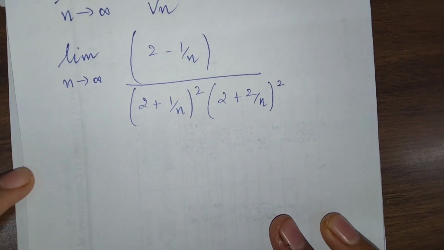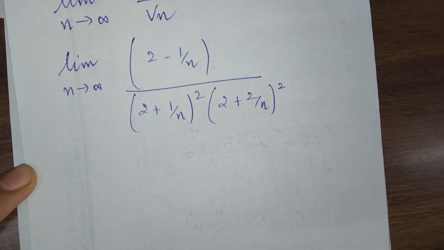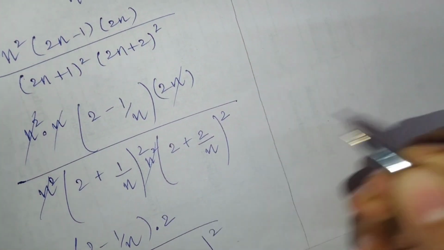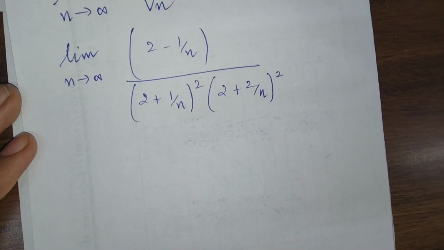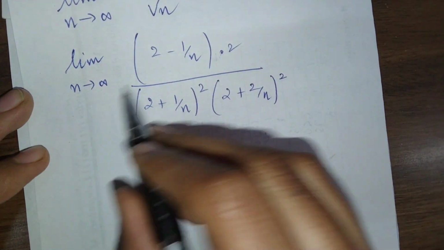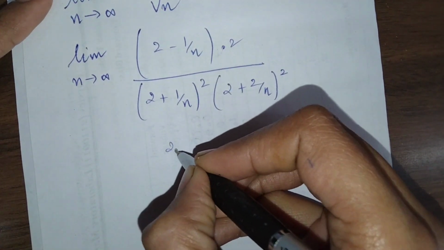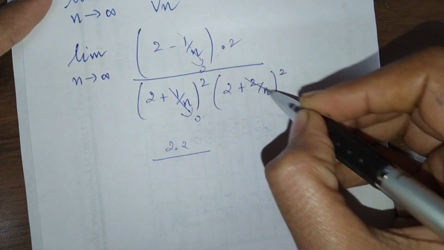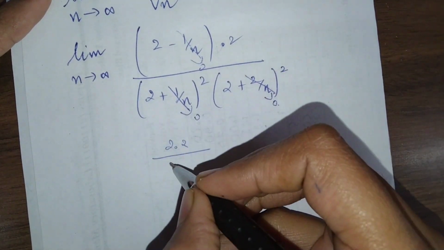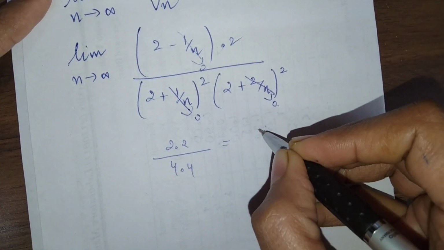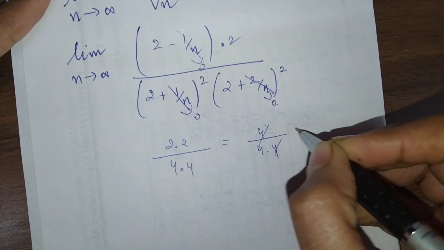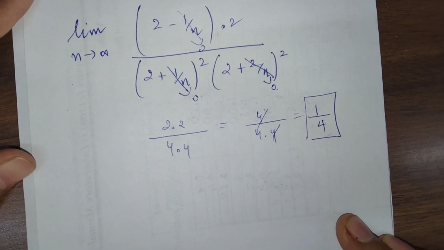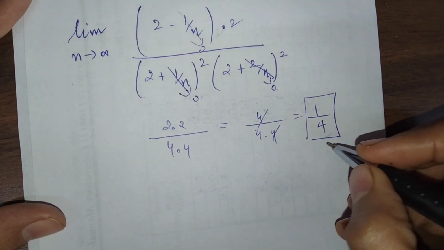If we put the limit here, sorry, we also have this 2 here left. So here also 2 will get. If we put the limit here, then we will get 2 into 2, because this term will be 0, again this term will be 0 and this term will also be 0. So 4 by 4 into 4, that is 1 by 4. So again here we got a finite and positive value.